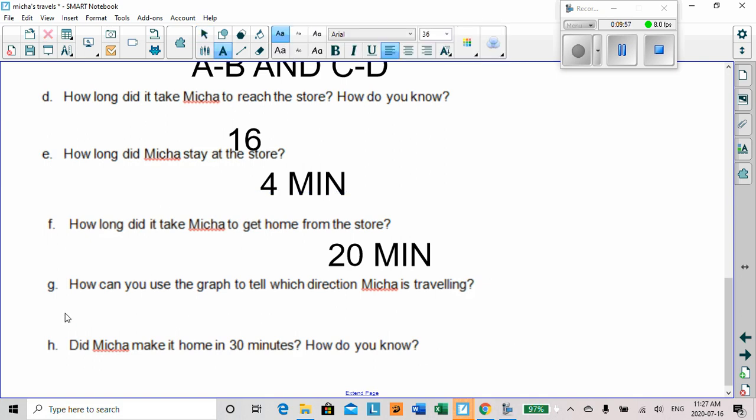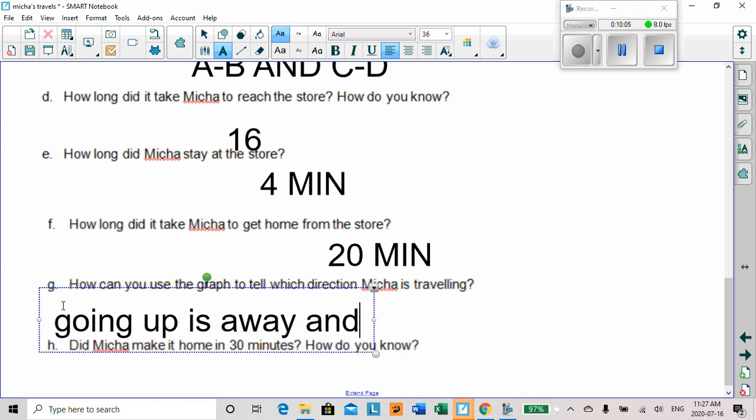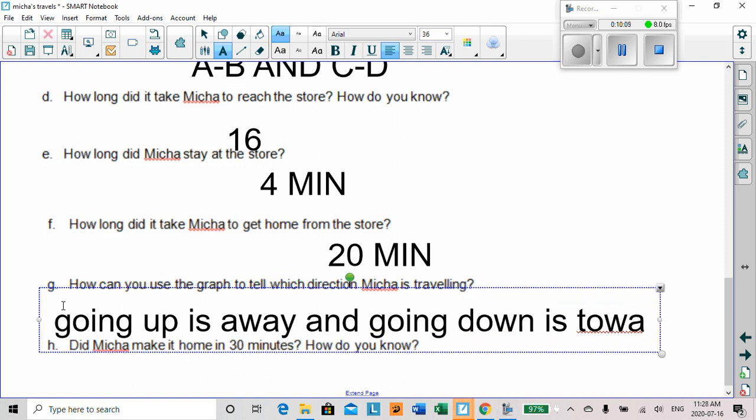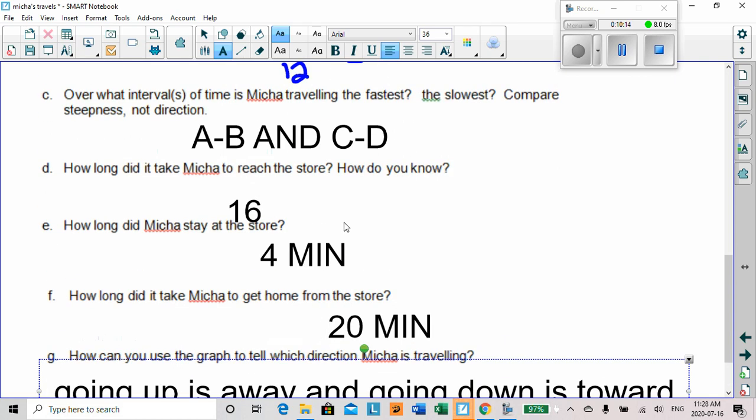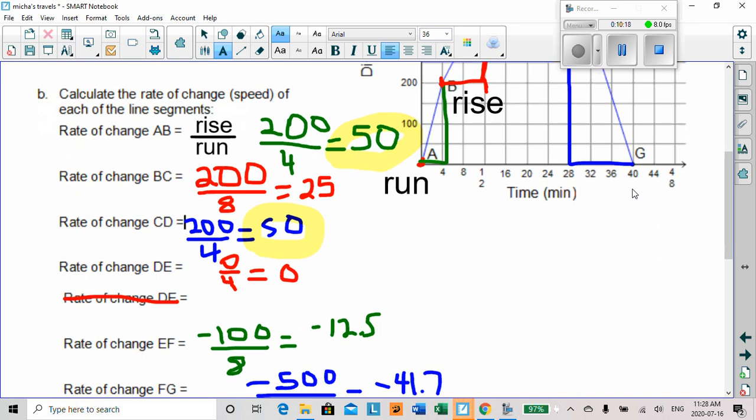Going up is away, and going down is towards. Did Misha make it home in 30 minutes? Look at our graph. Ah, no, 40 minutes.